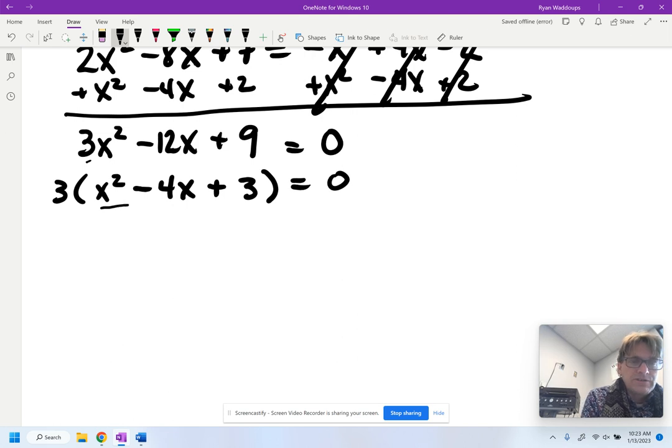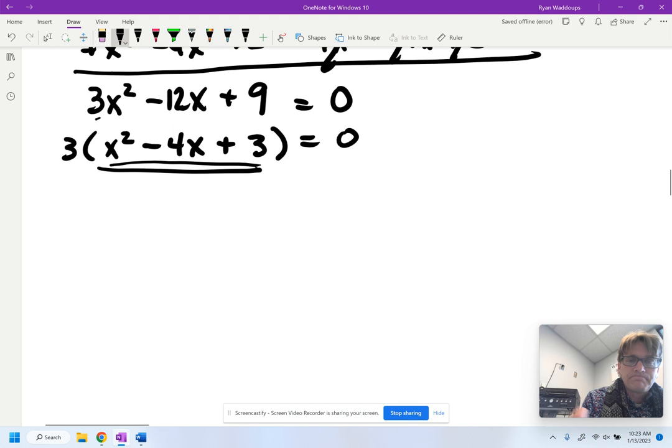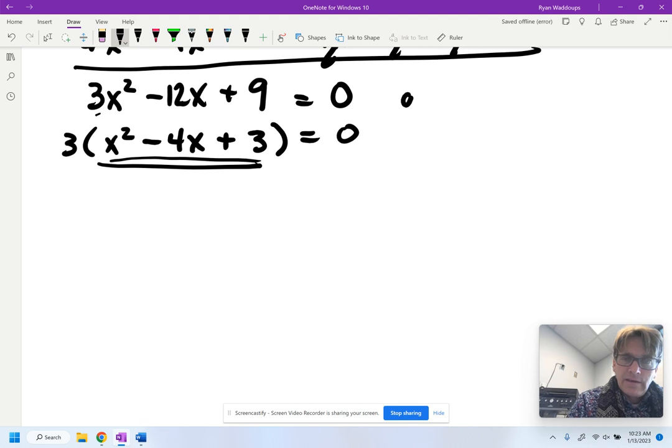Then I'm just going to worry about solving what's inside here. What makes that equal to 0? My a is 1 and my c is 3, so ac is 3, and b is negative 4.